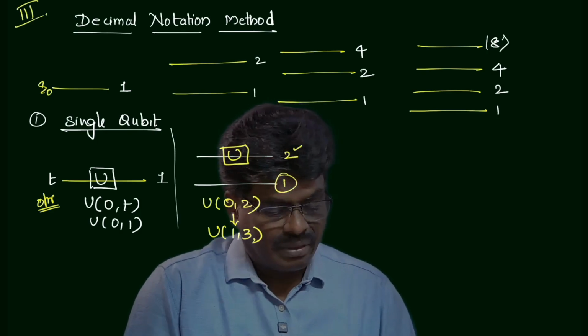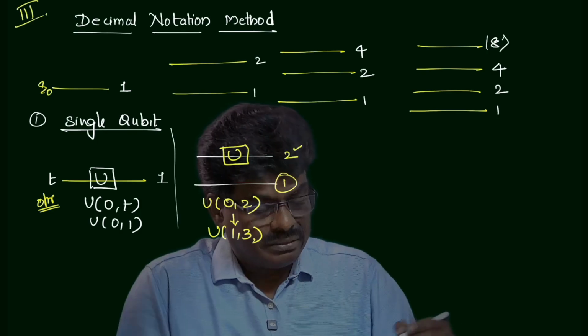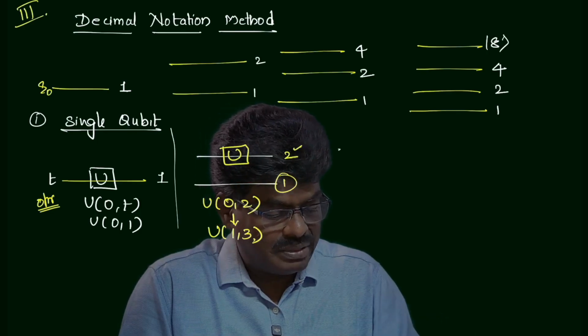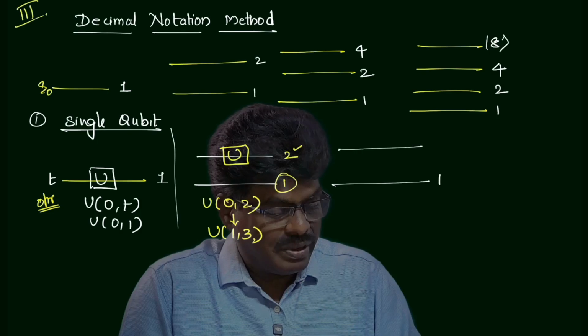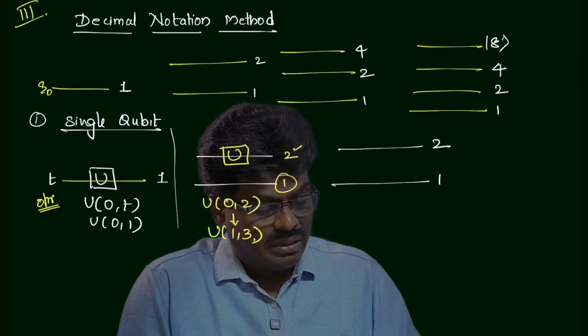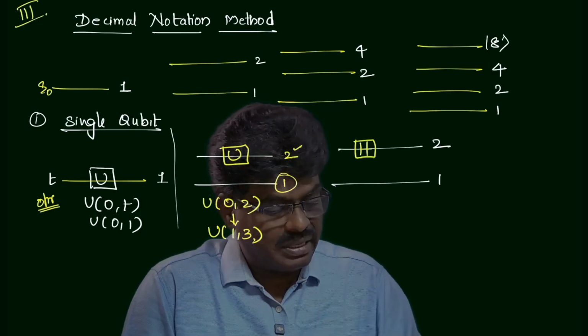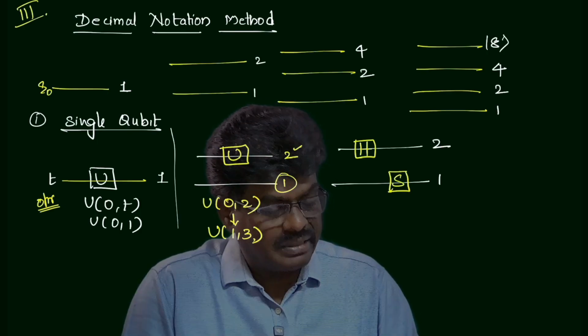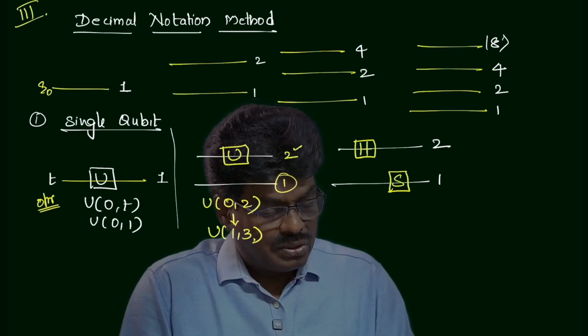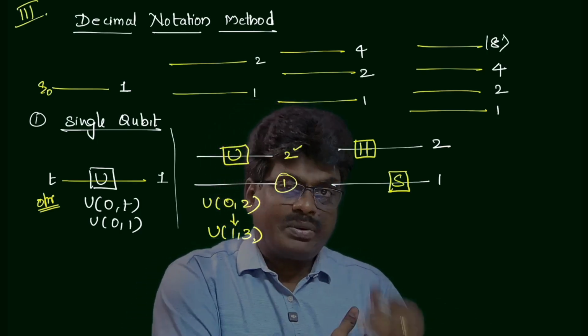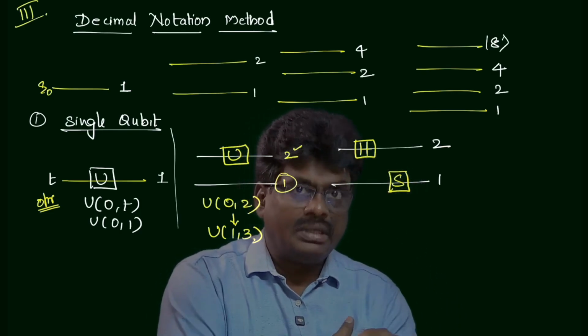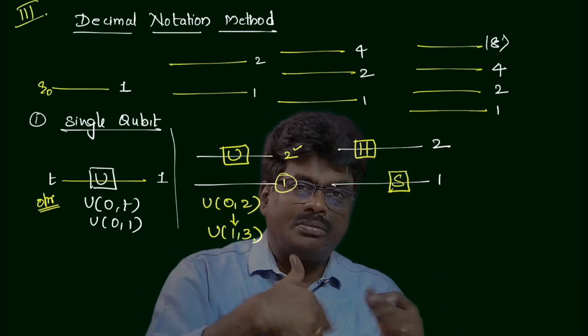That's the point. Okay, and one more example I will take. For example, if you have 1 and 2, and here we have a Hadamard gate. I'm just taking an example to understand, and here I have an S gate. Whenever you have a circuit like this, with single qubit gates, you can go from top to bottom or bottom to top.